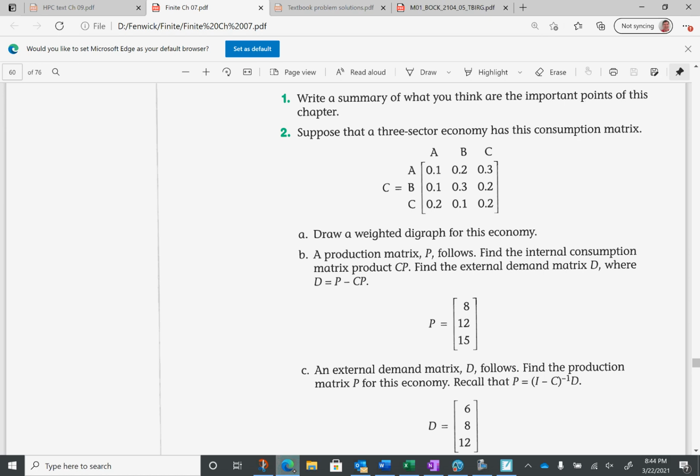They wanted you to then consider the production matrix P, find the internal consumption matrix product. That's a mouthful.